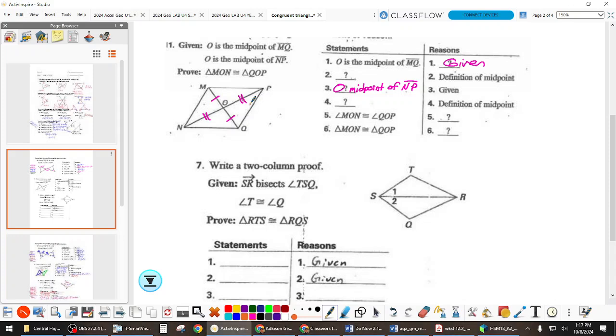True, but why do we know they are congruent? We don't have 90s. Just parallel. We don't have that either. We don't have reflexive.